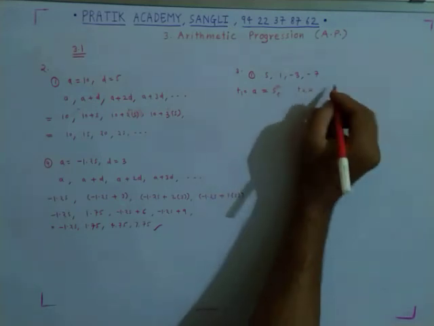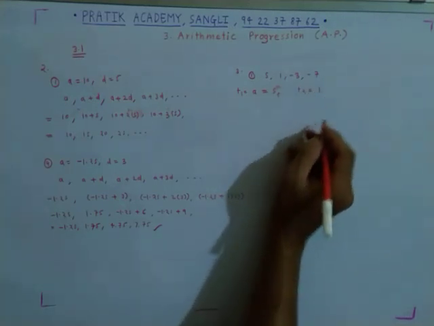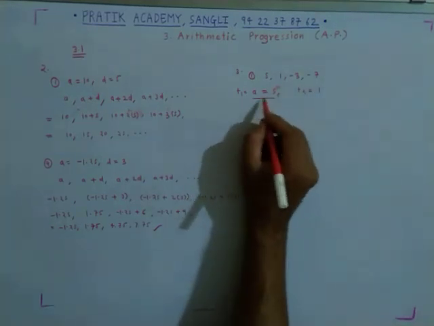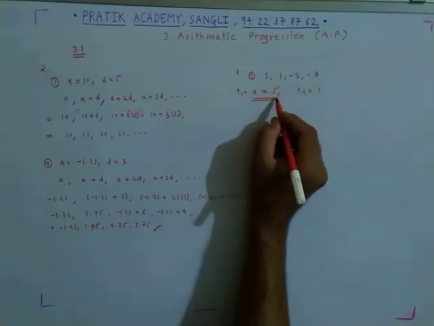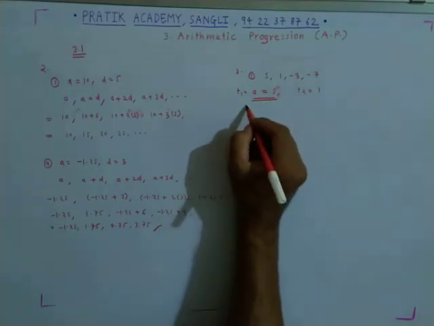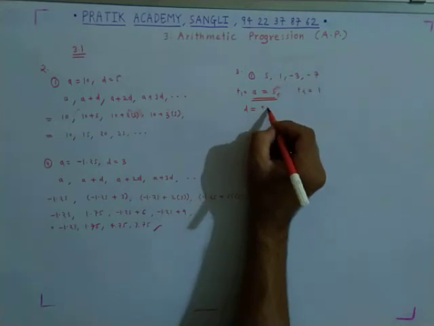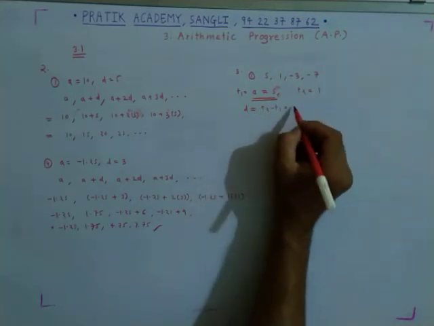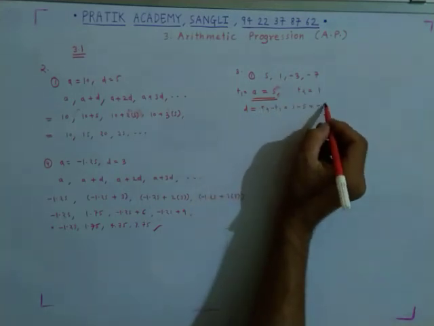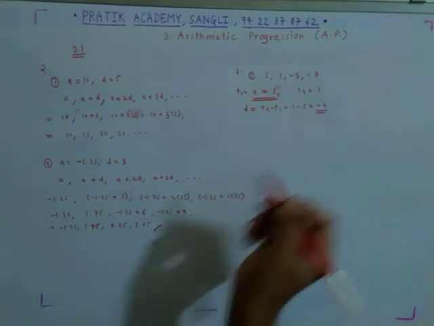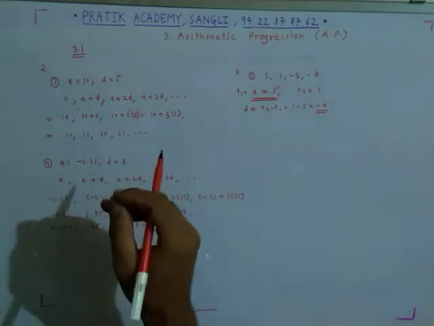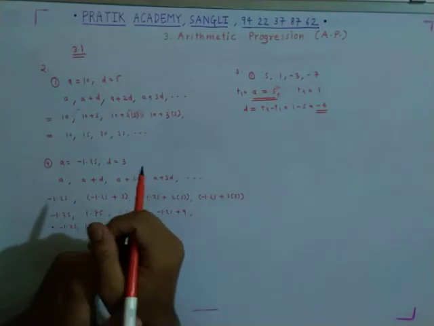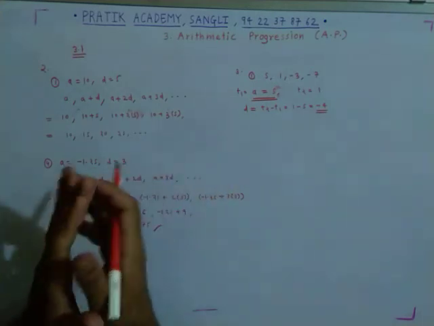T2 is given as 1. So the initial term is found to be 5. So D is equal to T2 minus T1, that is 1 minus 5, minus 4. So this is a very simple example from problem number 3.